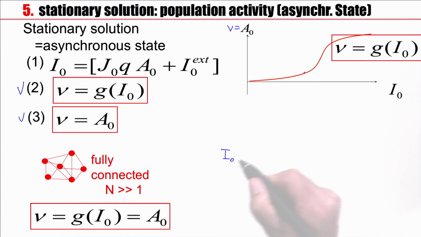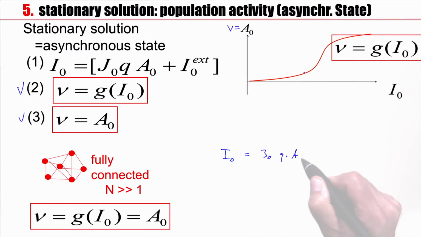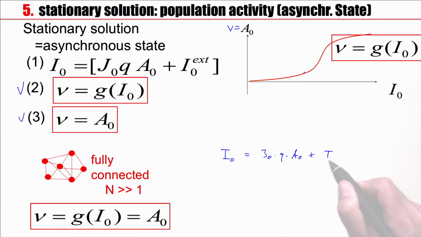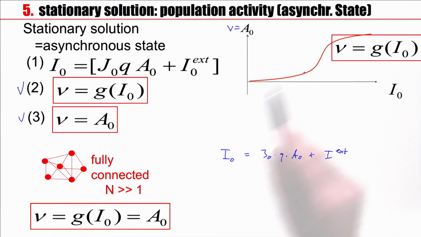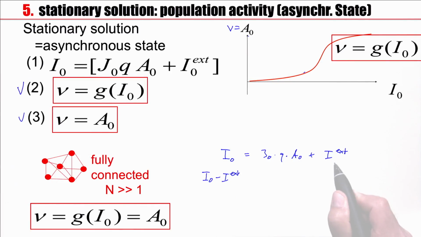I have I0, just copy it, J0 Q A0 plus I external. I would like to plot it in the same plot. So I would like to pull out the A0. So I write I0 minus I external. I move this to the other side.